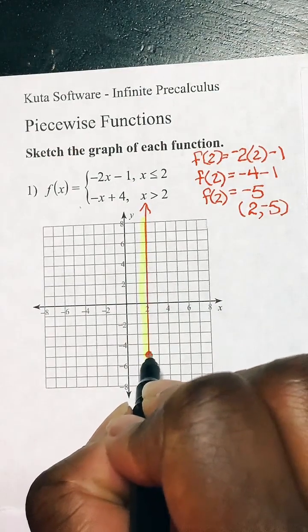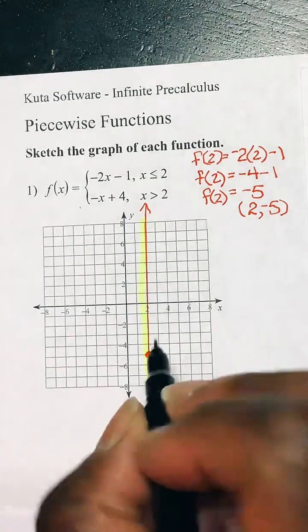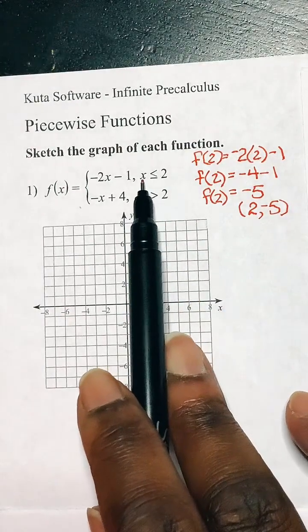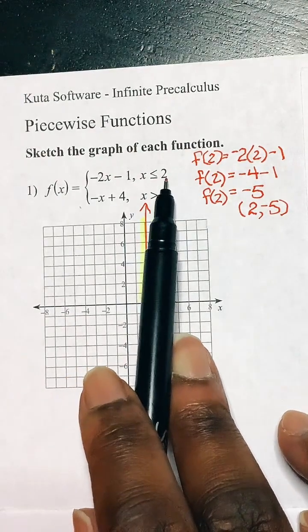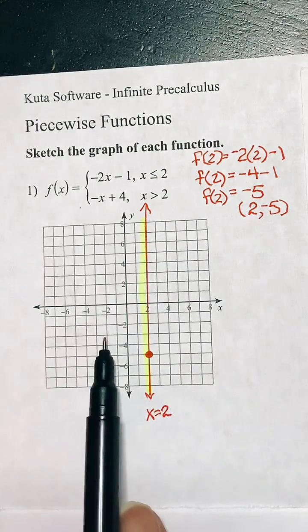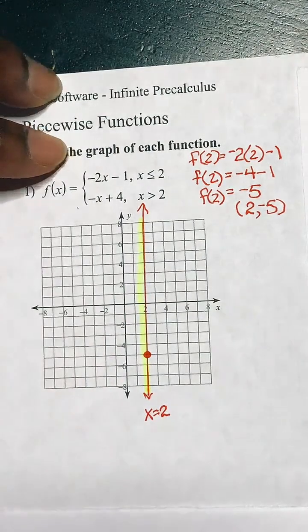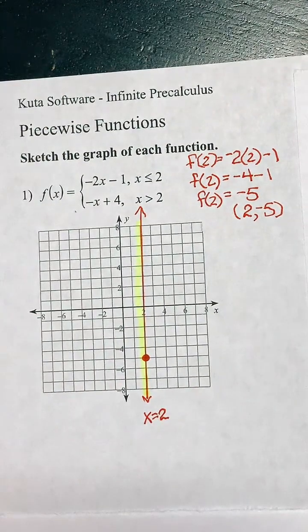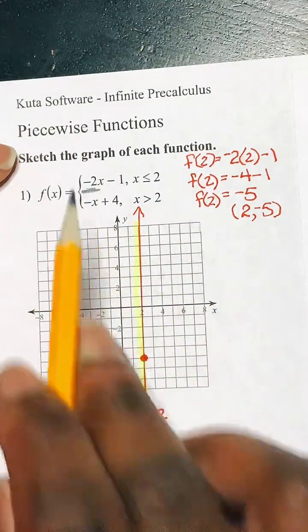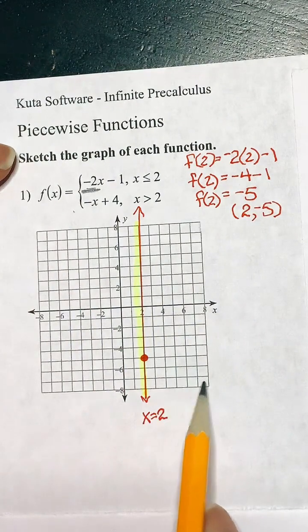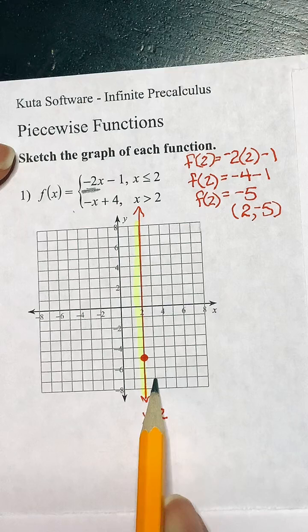So putting our point right here. Okay, so they want us to look at the side. X is less than or equal to 2, so they only want us to do the left side. So now we need to look at the slope. The slope that they're giving us is -2. That works if I'm graphing the right side because I would have gone down 2 over 1, right?